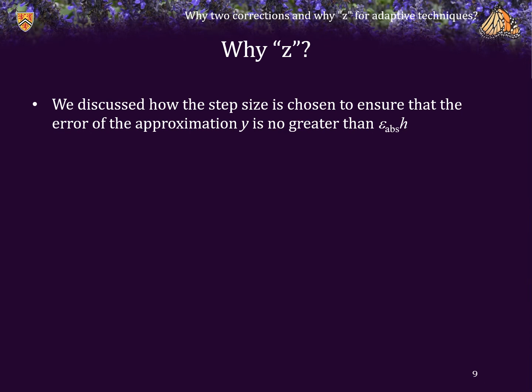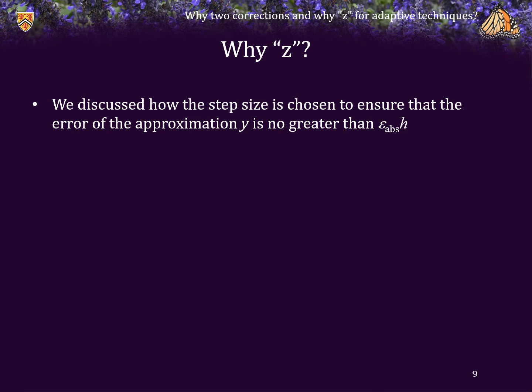All right, the next question is why z? You'll recall that with the adaptive techniques we had two estimations of the next value, y and then z. y was the one that was less accurate, z was more accurate.